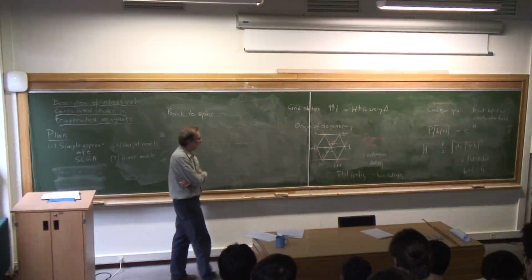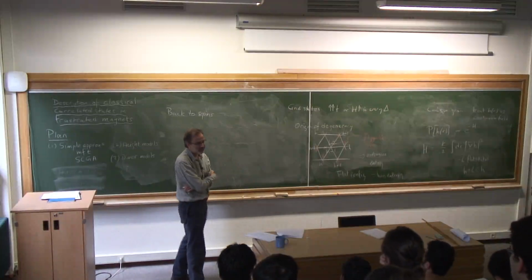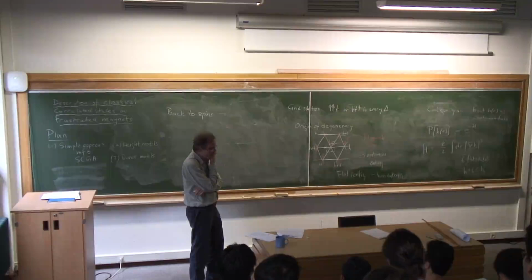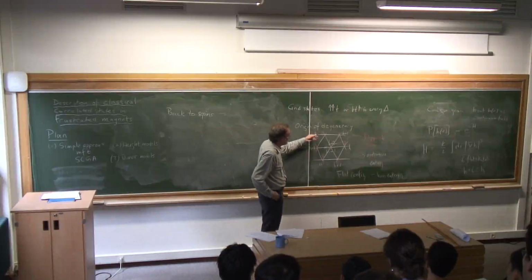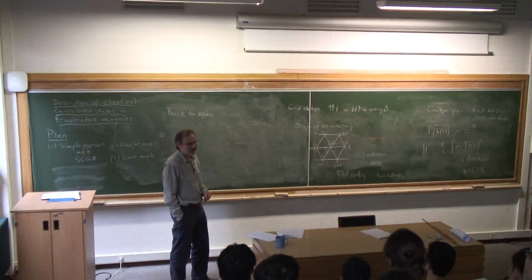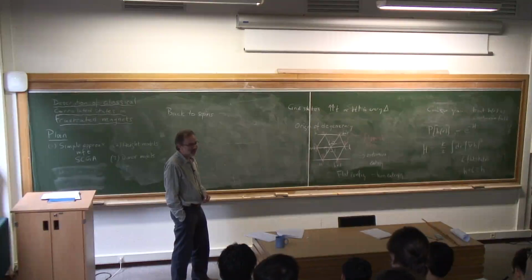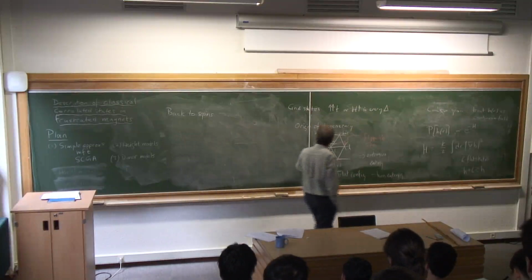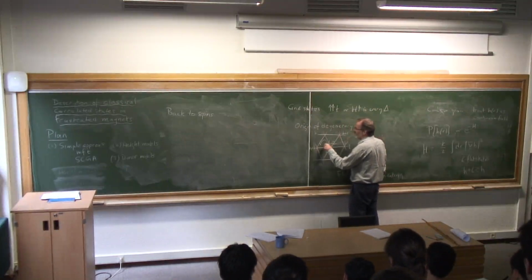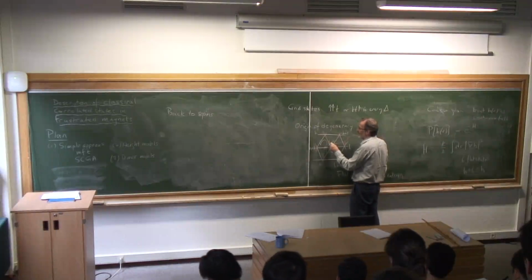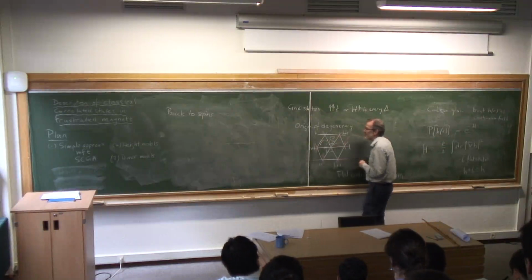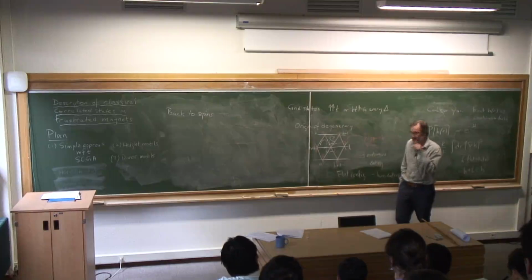attach height labels for a spin configuration that's a ground state, it's crucial that the labeling is unique apart from adding a constant, the same constant to all of the heights. So you shouldn't have an increase in heights by 6. My convention was to go counterclockwise around the up triangles, which means that the direction on this bond is like that, so I have to go clockwise around the down triangles.